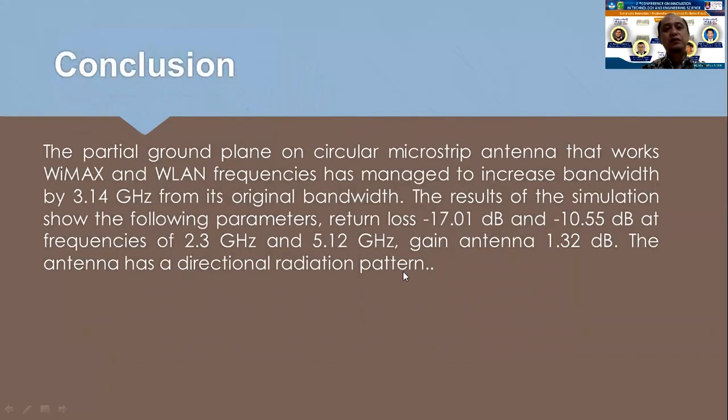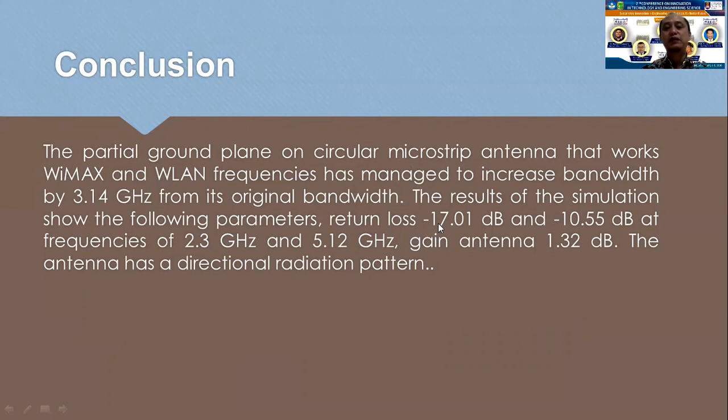As a conclusion, the partial ground plane on circular microstrip antenna that works on WiMAX and wireless LAN frequency has managed to increase bandwidth by 3.14 GHz from its original bandwidth. The result of the simulation shows the following parameters.